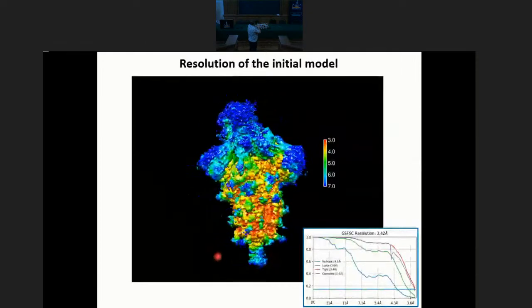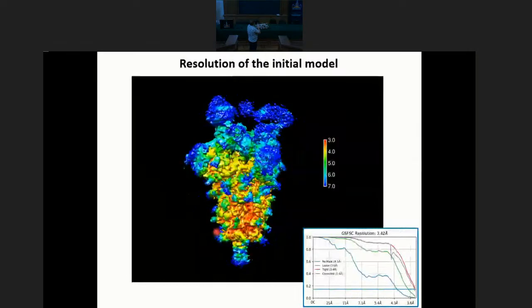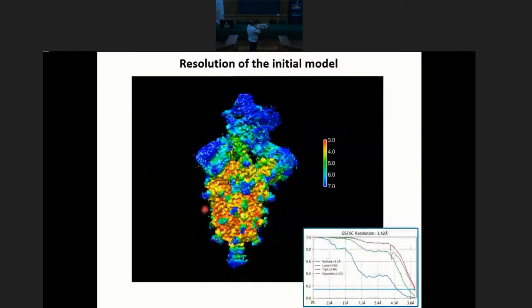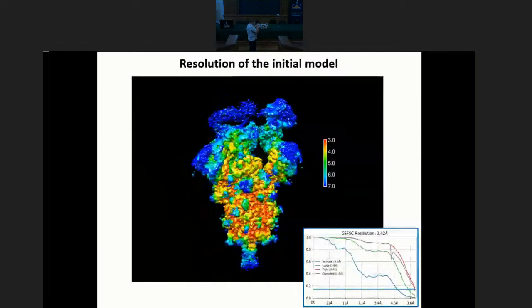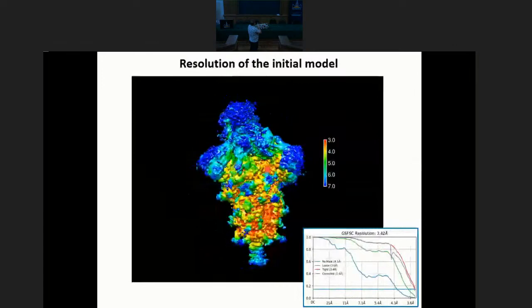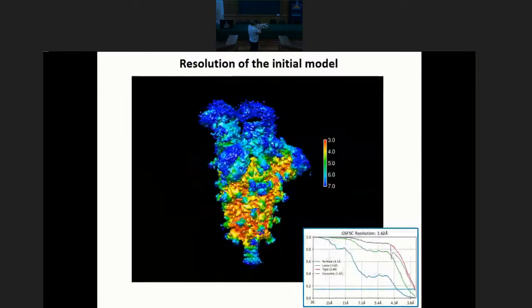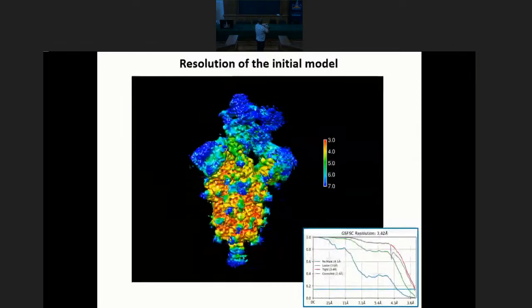Glycosylation also has low resolution, but they needed some trick to enhance the resolution on the binding interface to see how it works, how the antibody binds to our RBD domain.